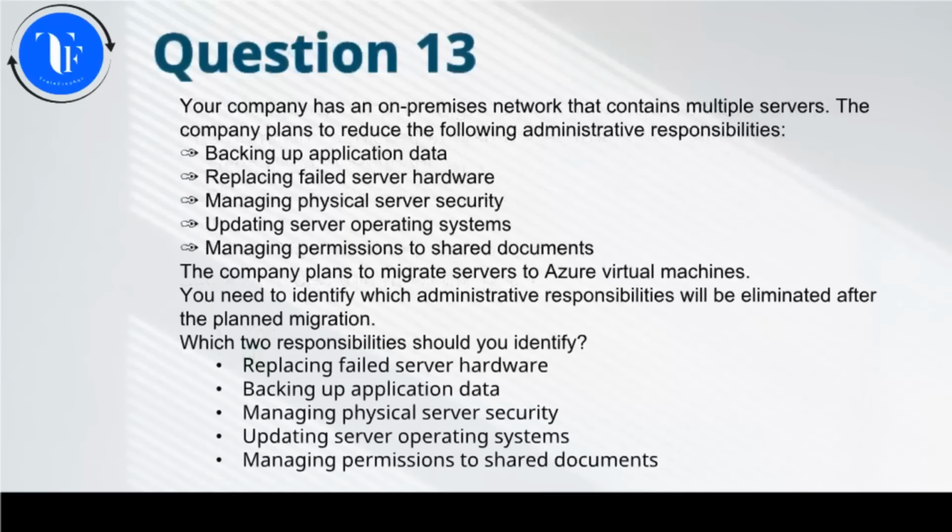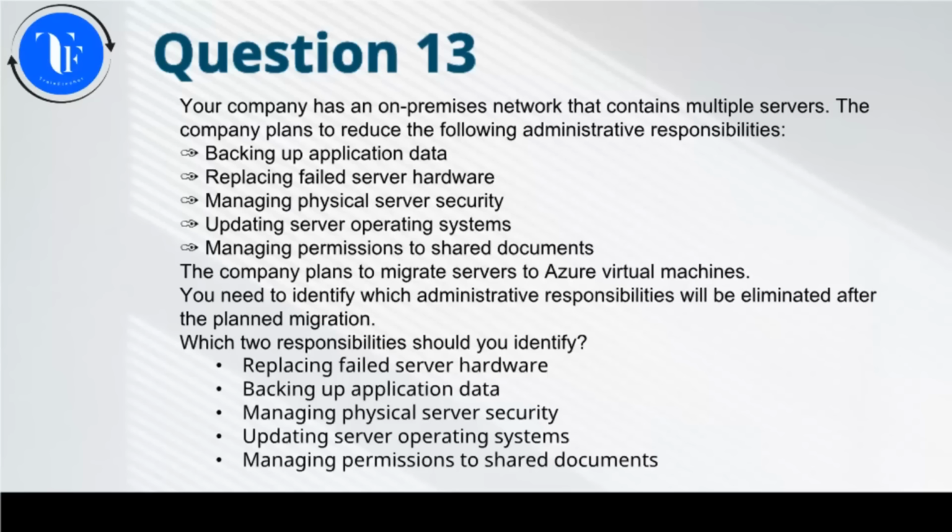Question 13. Your company has an on-premises network that contains multiple servers. The company plans to reduce the following administrative responsibilities: backing up application data, replacing failed server hardware, managing physical server security, updating server operating systems, managing permissions to shared documents. The company plans to migrate servers to Azure virtual machines.